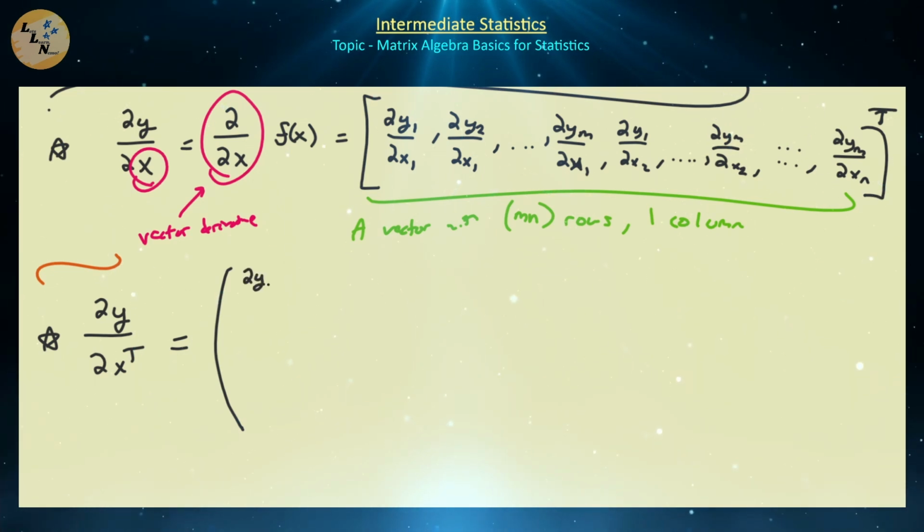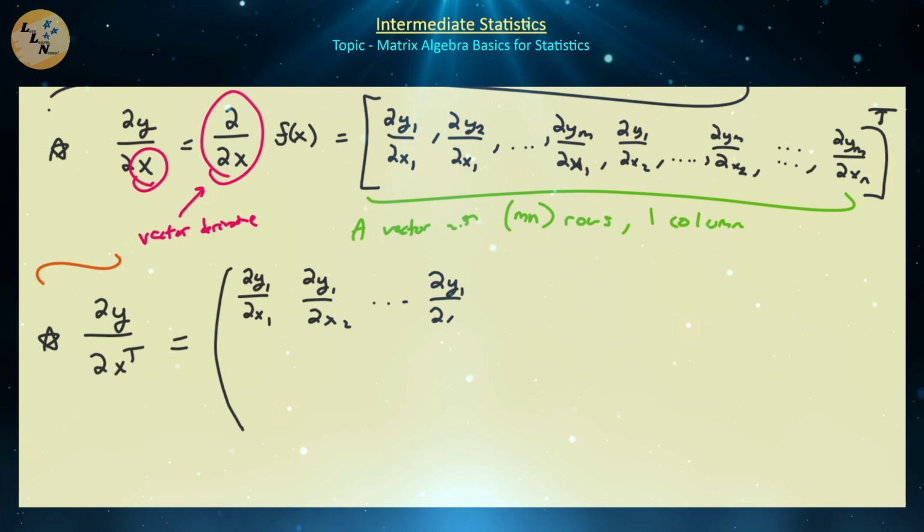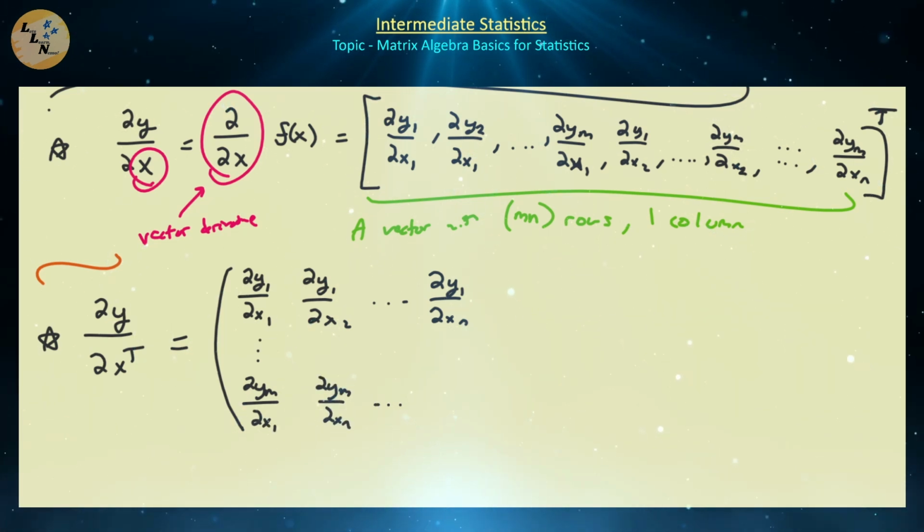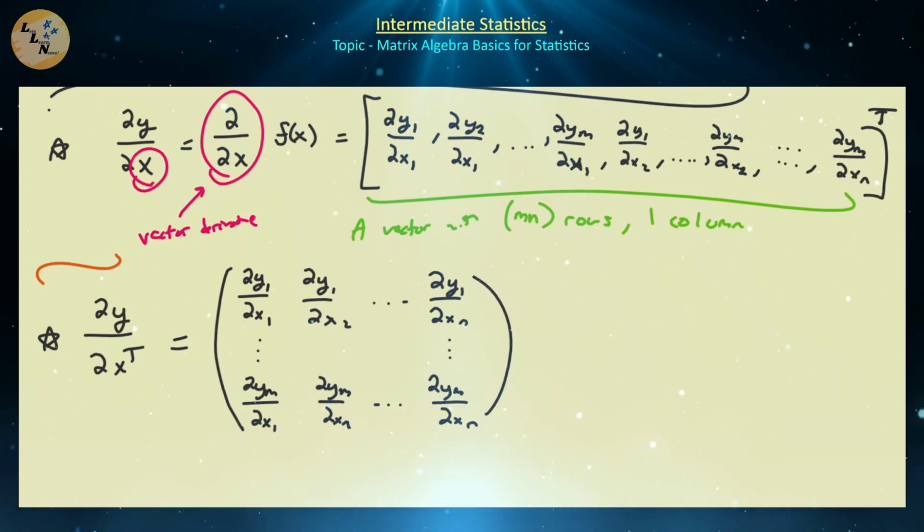This is going to be the partial derivative of y1 with respect to x1, the partial derivative of y1 with respect to x2, all the way down to the partial derivative of y1 with respect to xn, and then we're going to continue this all the way down to the partial derivative of ym with respect to x1, the partial derivative of ym with respect to x2, all the way down to the partial derivative of ym with respect to xn.